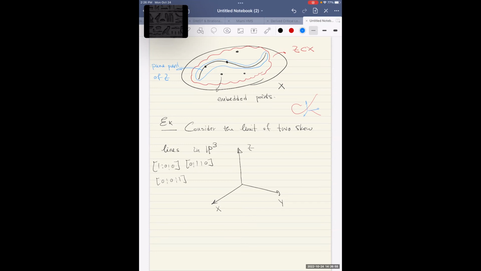Let us assume that I choose my local charts in a way that one of the branches lies on my axis Y, and the other branch is skew, as you can see. So these are the two branches of the curve.